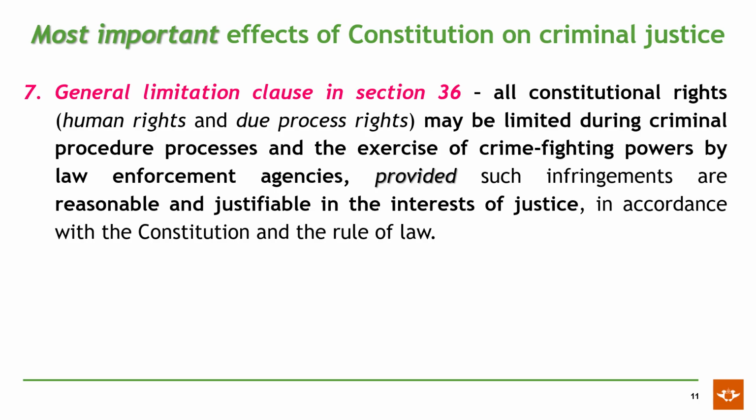And that is where Section 36 of the Constitution plays a very important role. All constitutional rights may be limited, and that is not only applicable to criminal justice processes, but for our purposes, all constitutional rights, which includes human rights and due process rights, may be limited during the criminal procedure processes and the exercise of crime-fighting powers that go with that.